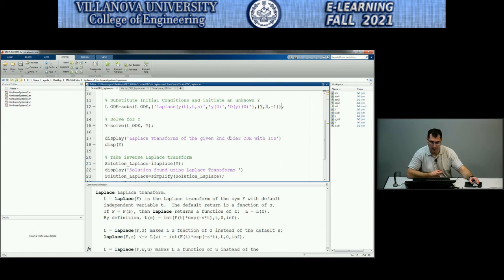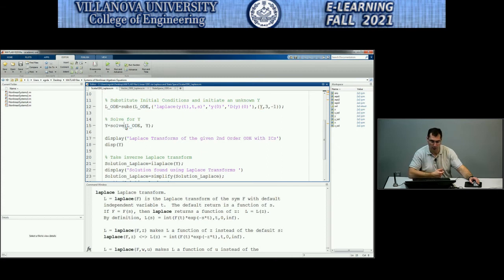Once you've done that, you are going to look for y. Essentially, you're solving this equation with respect to y. For this, we use the solve command. We've talked about the solve command that allows you to solve both linear and nonlinear equations and systems of equations. This is another use of it.